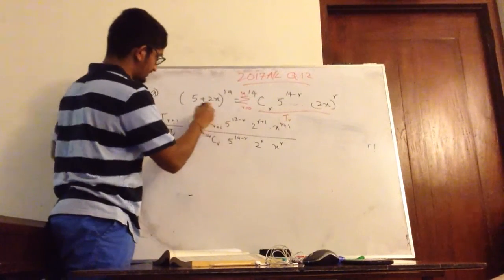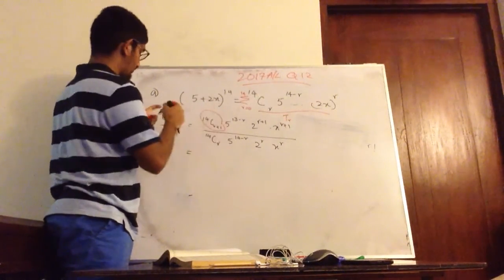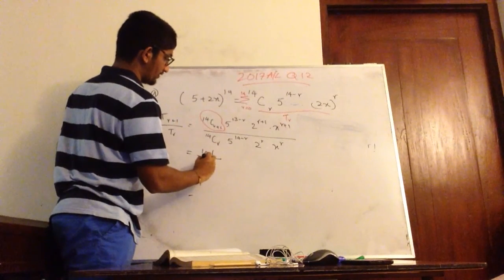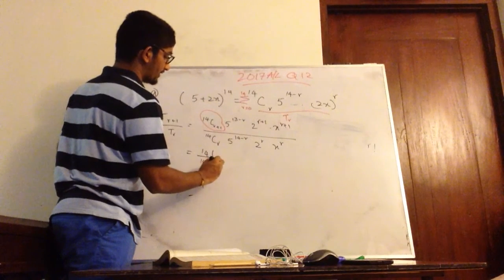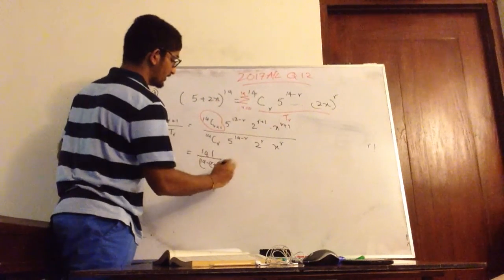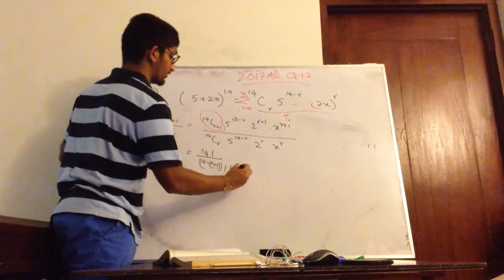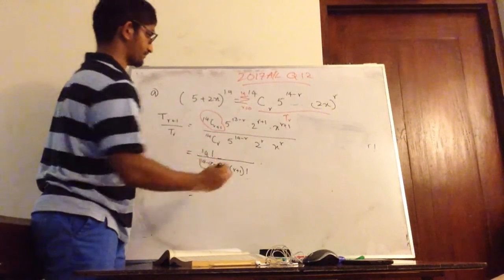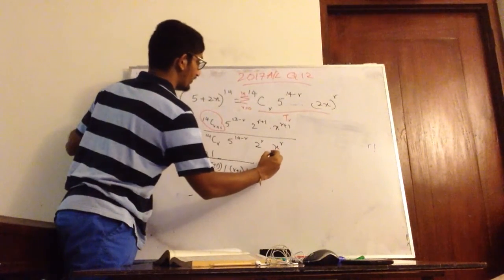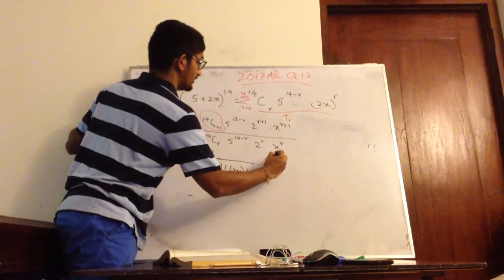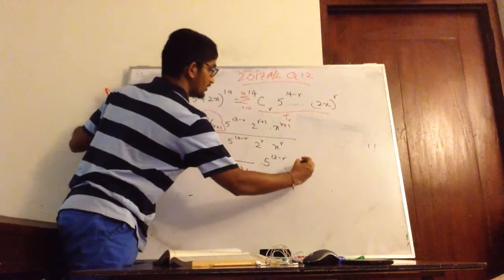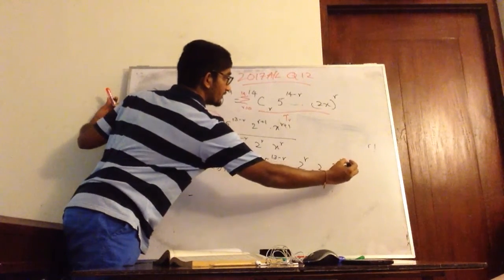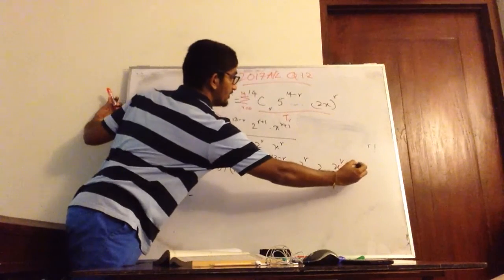I'm going to write this part first: 14 factorial over (14 minus (r+1)) factorial times (r+1) factorial, times 5^(13 minus r), 2^r into 2, x^r into x.